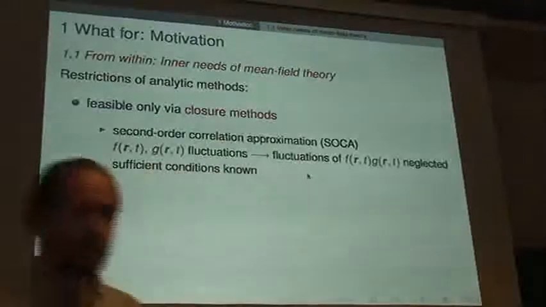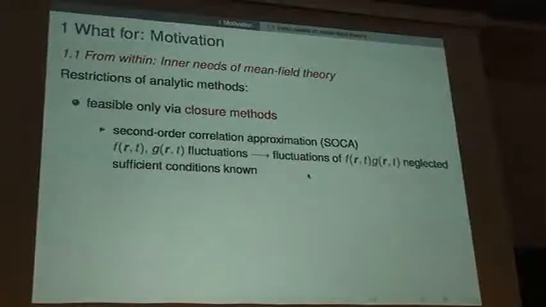For instance, the famous second-order correlation approximation, SOCA, which you have heard about already too, means simply that if F and G are fluctuating fields, maybe velocity, magnetic field, something like that, then the fluctuations of this product, F times G, will be neglected.